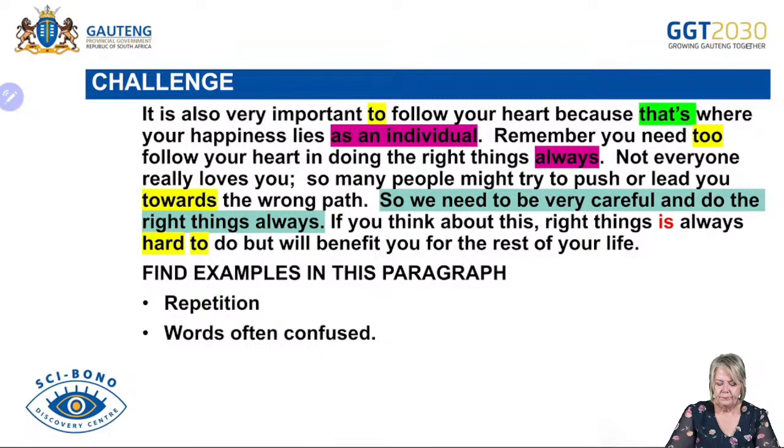Spelling again. Homonyms, homophones. Remember them. Synonyms, antonyms. Very important. Make sure that you have a good idea of what they are, because you are also going to see this in paper 1 in question 5. Then concord, agreement between subject and verb.